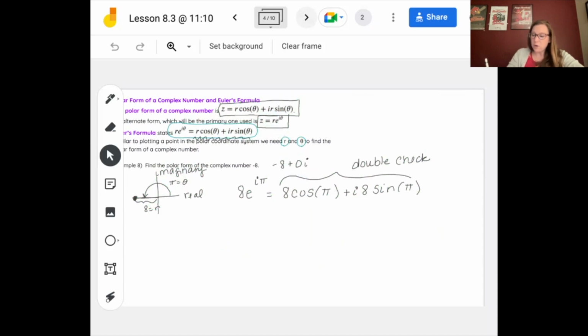We know that cosine of pi using our unit circle is -1. I know that sine of pi on our unit circle is 0. So this part is null and void because anything times 0 is 0. Thus, I have 8 times -1, which is in fact -8 where we started.